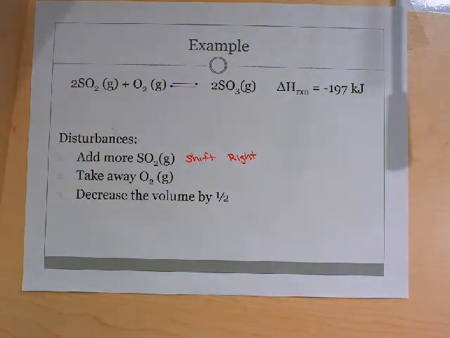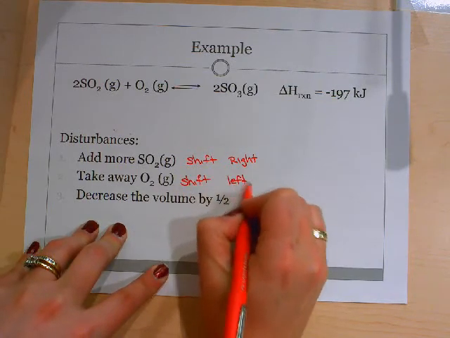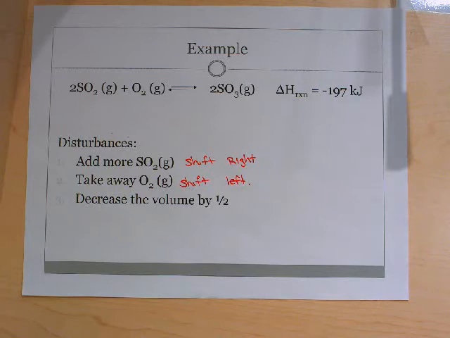What if I take away some reactant? I take away some of the oxygen. It's going to want to shift left. Like the first 2 seem common sense, right? Just trying to get back to where you are.